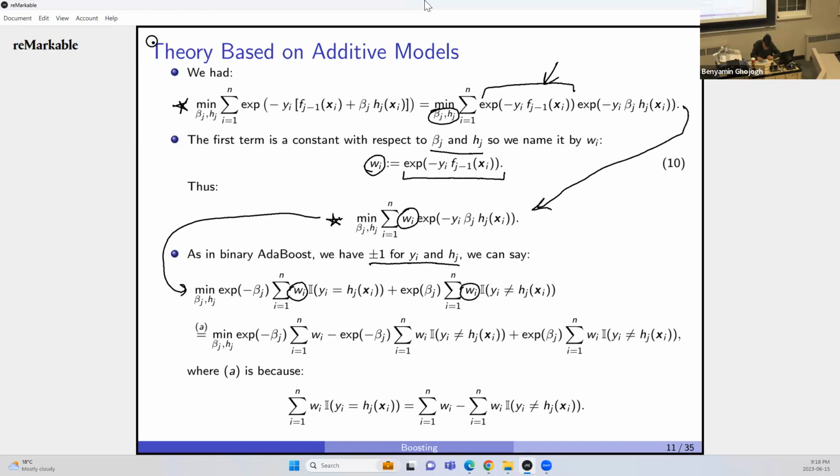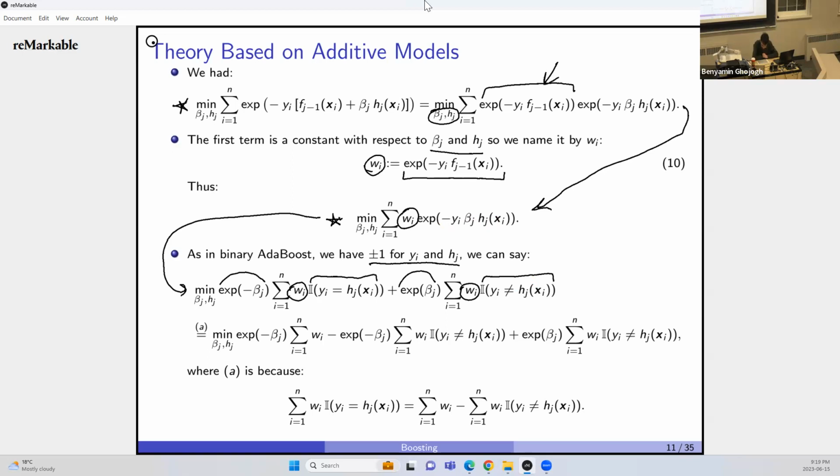If y_i and h_j(x_i) both have the same sign, both plus 1 or both minus 1, meaning this indicator function, then their multiplication is 1. Therefore, inside the exponential, I have e to the minus beta_j. If they have a different sign, y_i h_j(x_i) becomes minus 1, and with this minus also, they become plus 1. So I will have e to the beta_j.